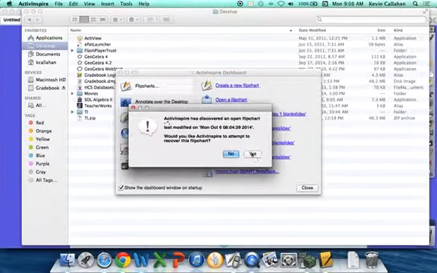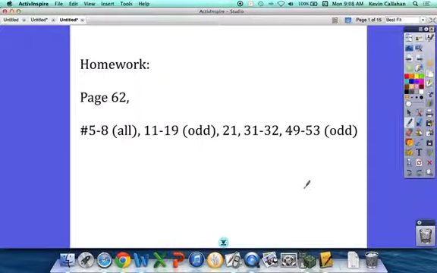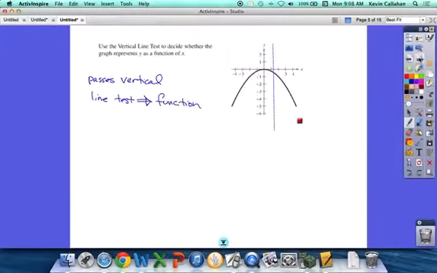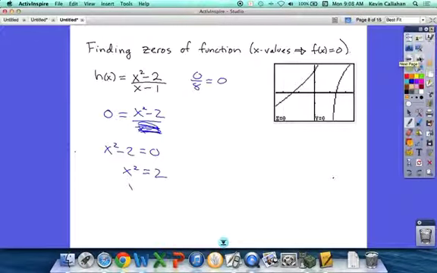Okay, let's see. Yes, and close. Now, was that ours? That was ours. So we should have all of our work still in there. Okay, we were there.